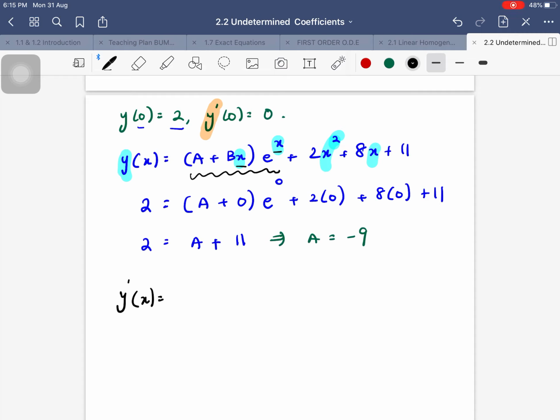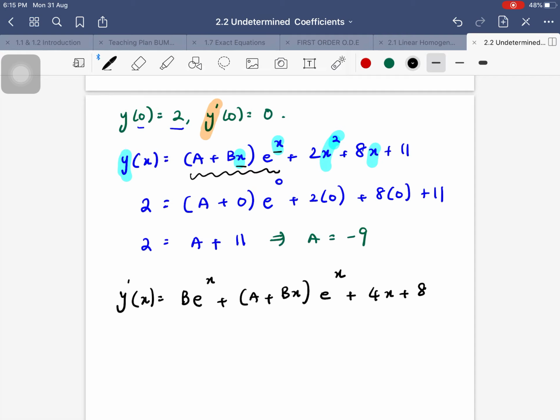When I apply the product rule, differentiating the one in the bracket, a is going to be 0, bx is going to be b, I'll end up with b e^x plus (a + bx)e^x. So that is what happens when I differentiate (a + bx)e^x. Okay, u prime v plus v prime u. And then at the back, I'm going to have 4x plus 8, and of course, when I differentiate 11, that will be a 0.